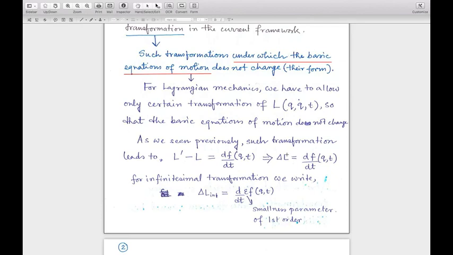The only condition under which the Lagrangian gives the same equations of motion, as we saw in the previous lecture, is when the Lagrangian is only shifted by d/dt of a function of the generalized coordinates q and t. Then only, we showed, the corresponding action does not change.